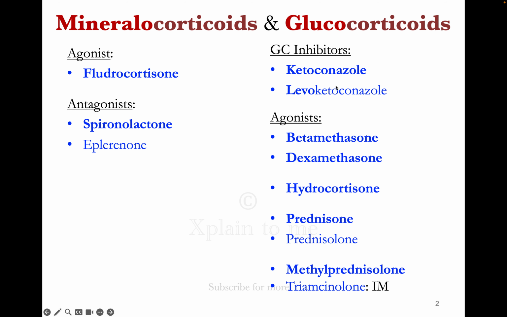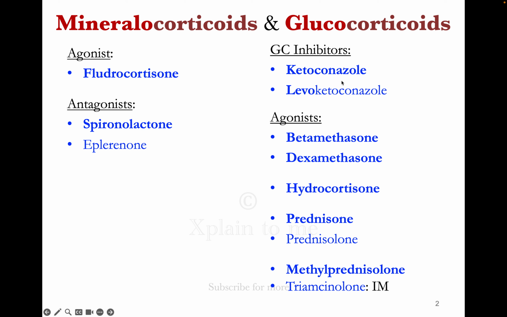cortisol synthesis in specific pathways? Remember ketoconazole, we learned that in another lecture, antifungal agents, last year. So this is an antifungal agent, but at a higher dose we use it here as a glucocorticoid or cortisol inhibitor. The mechanism is that this drug inhibits the cytochrome P450 system.